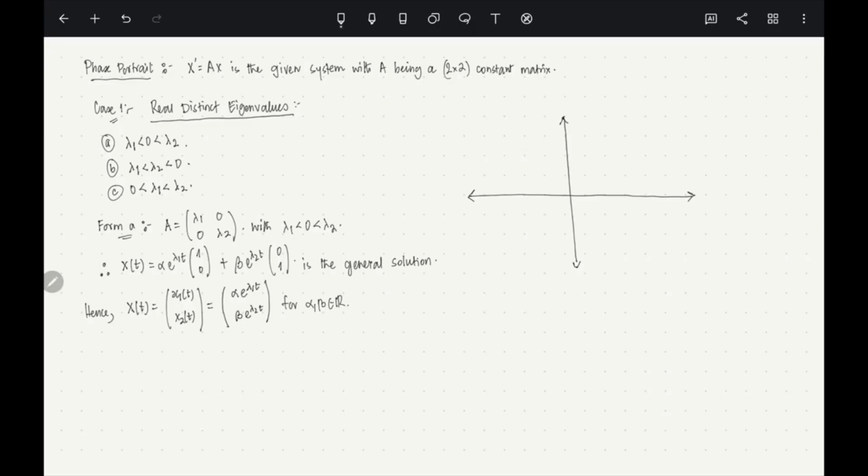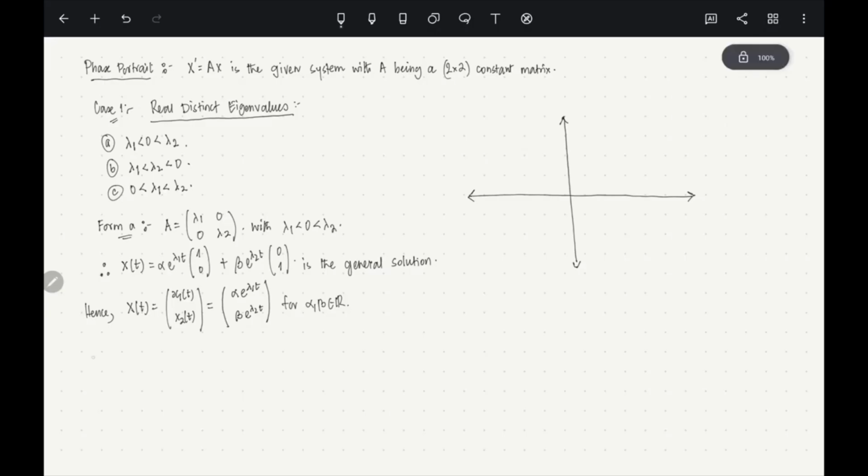First of all, alpha and beta are real numbers. You have to understand that for this curve there is always an equilibrium. Any constant coefficient 2 cross 2 or 3 cross 3 homogeneous system like this always has an equilibrium point.